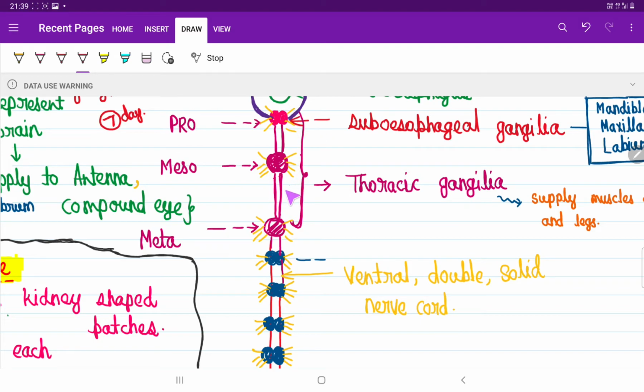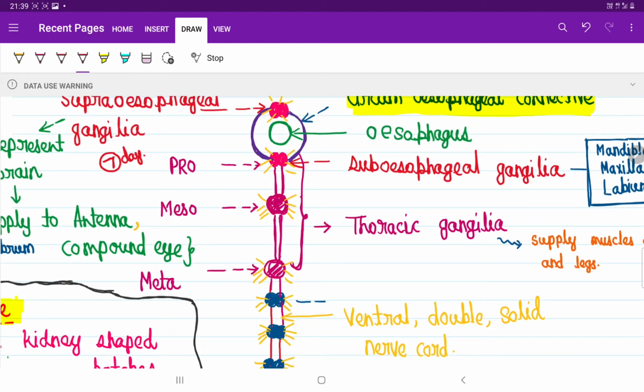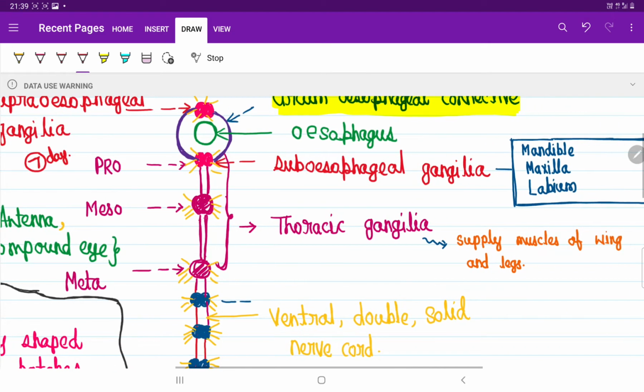The subesophageal ganglia supply the mandible, the maxilla, and the labium. The remaining two thoracic ganglia supply the muscles of the wings and legs. In the thoracic region, 6 legs originate, so they supply them.